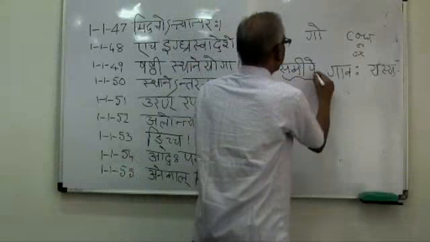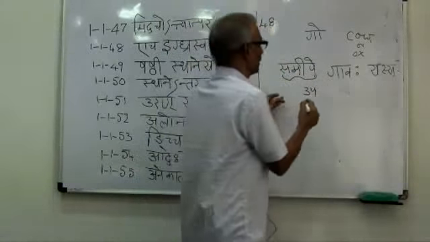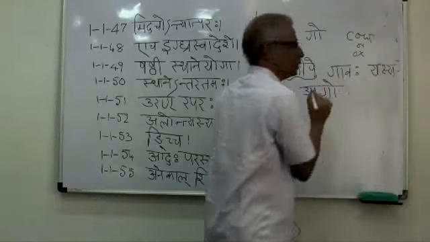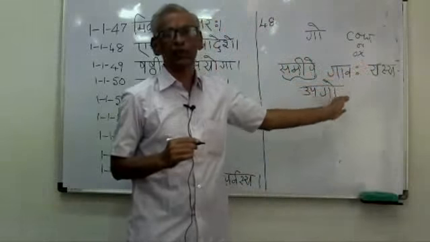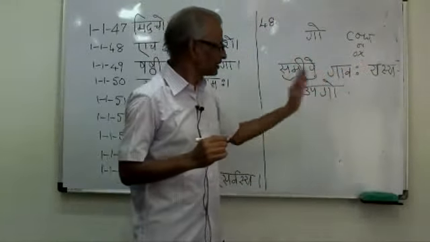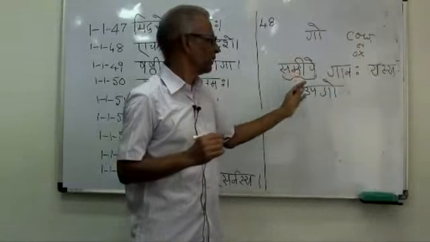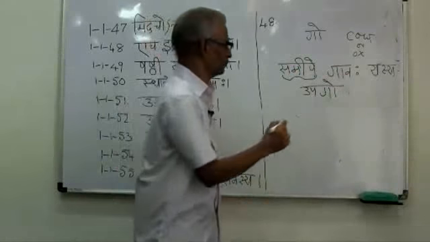Here, in the sense of samipa, upa is the avyaya. Upa go. Upa go means samipe gavaha yasya. This is bahuvrihi samasa, the person having gavaha, cows nearby. To mean samipe, upa is the avyayam swikaran.